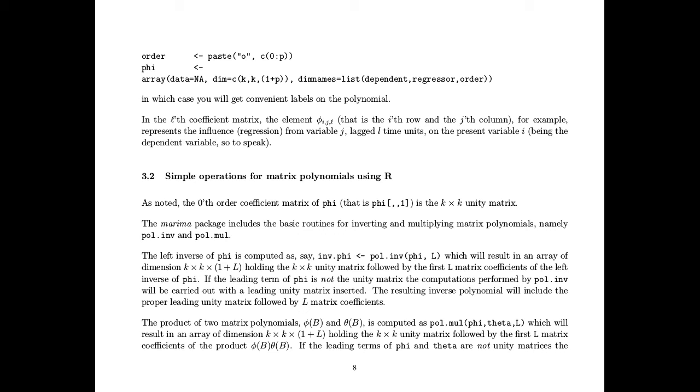It just gives you the first L coefficients in the inverse polynomial, which will then have a leading unity identity matrix, so it will have order k by k by L plus 1. So there's always this order plus 1 concept everywhere.